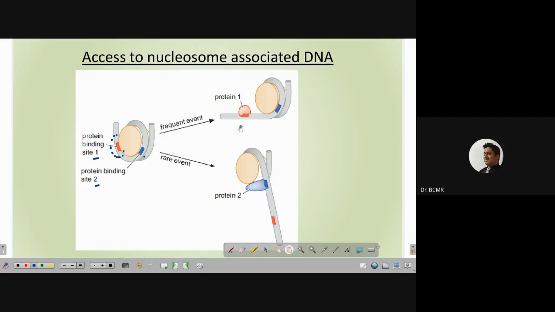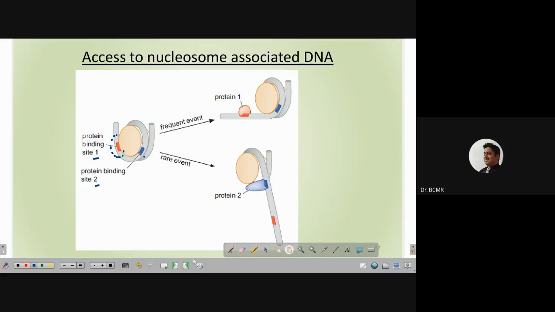They are much more flexible, and the nucleosome can slide up and down a little bit. The blue one, the protein binding site 2, is much more interior in the nucleosome formation here, right? It's a rare event that so much of DNA could open up and protein 2 could bind there. But it is a possibility.